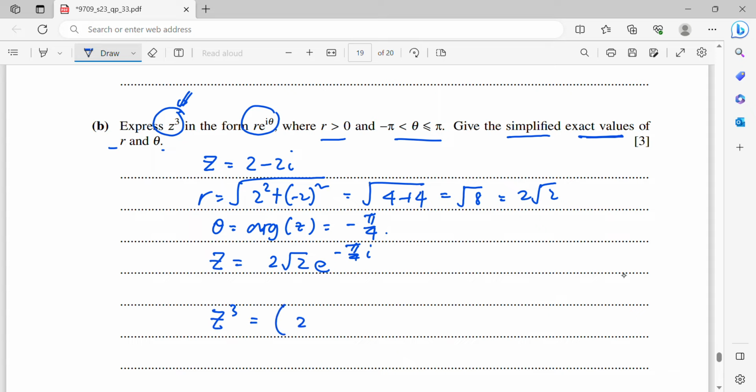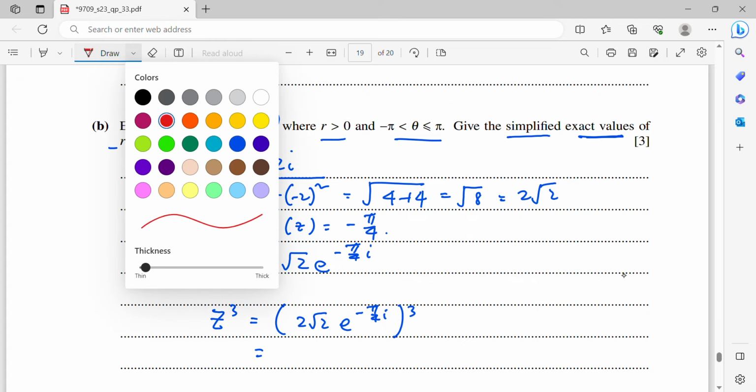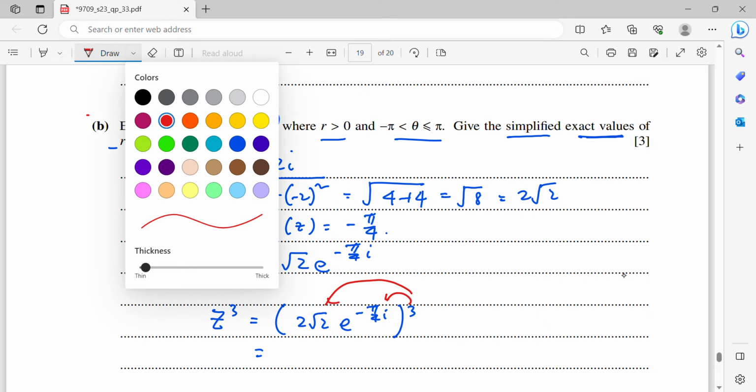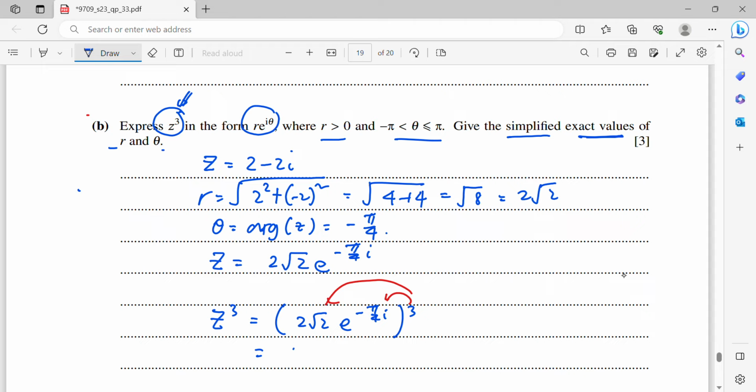So it will be 2 square root 2 e to the negative pi over 4 i, all cubed. The cube will be brought into the brackets, the first for the angle, the second for the r. So I will get 2 square root 2 cubed, times exponential.